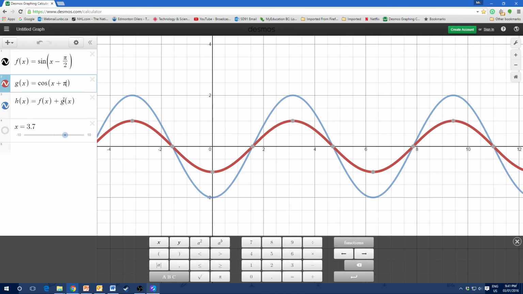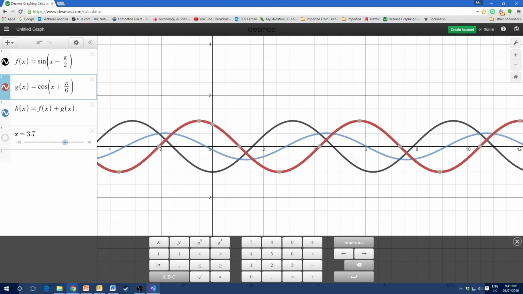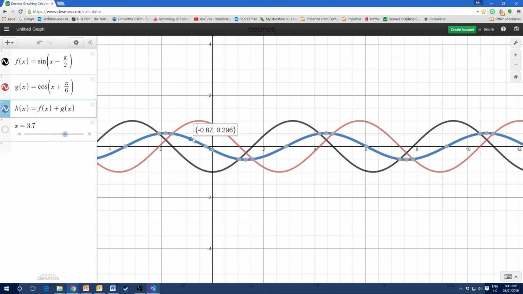Not-so-good quality headphones would probably exhibit something like this, where the resulting sound wave is not as loud as the original sound wave, but not completely gone. So maybe like dollar store headphones as opposed to, say, Skullcandy headphones. That's just one application of where adding functions has some use.